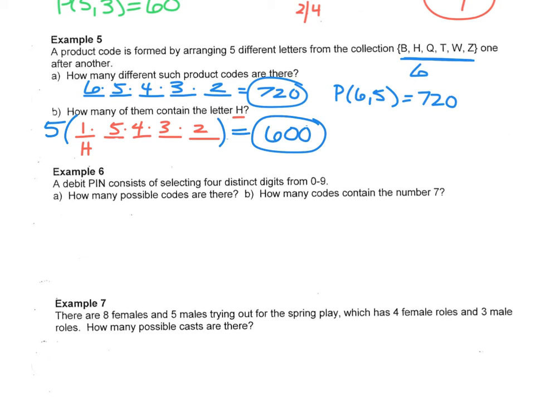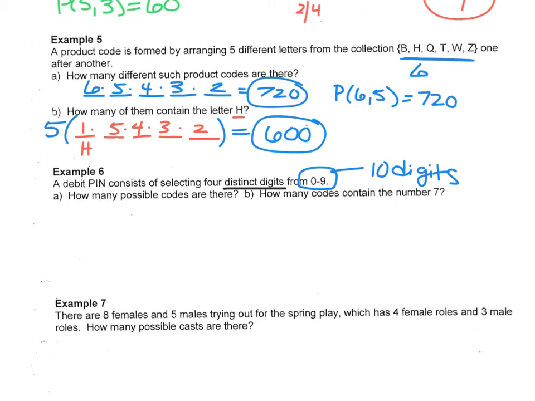Okay, last part. Example 6, a debit pin. Many of you probably have or will get a debit card. It consists of selecting 4 distinct digits, 0 to 9. Just a heads up, that is 10 digits if you count them all up, not 9. So the thing here is it says distinct.